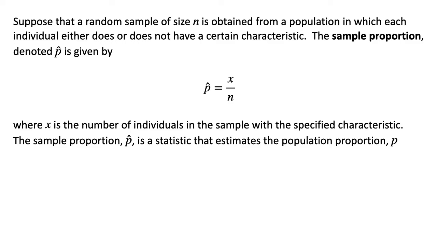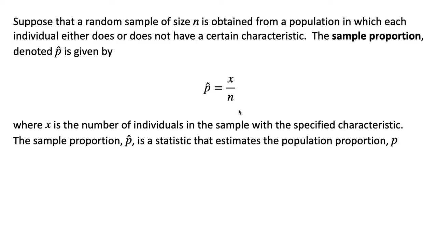All right, so p hat then comes about by this little fraction here. It's x over n, where x denotes the number of individuals in the sample with some specified characteristic. So if I was looking for brown-haired people, blue-eyed people, Latino people, anything, all right?